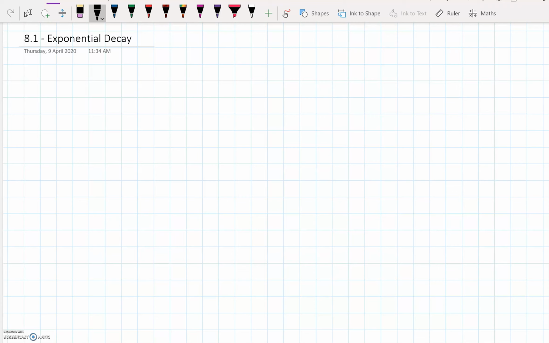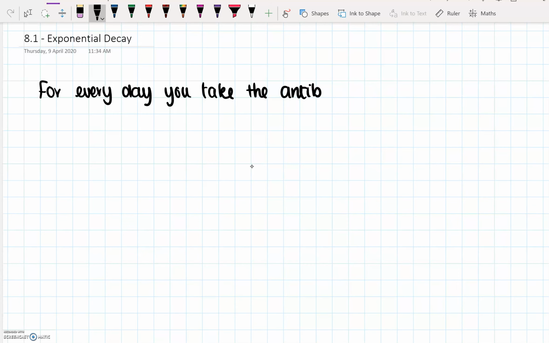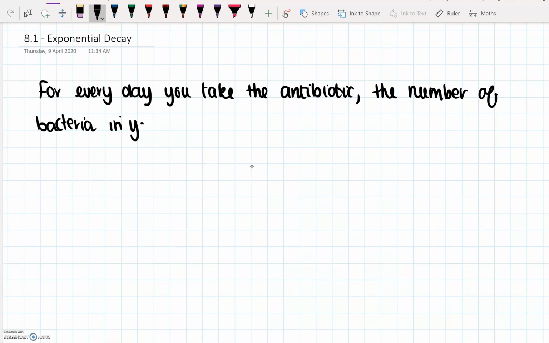And we will say that for this particular antibiotic, for every day that you take the antibiotic, the number of bacteria in your body halves.